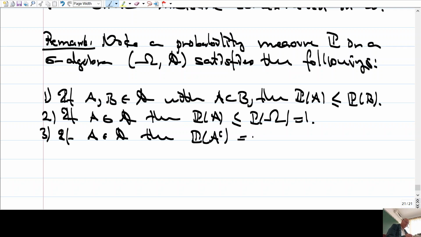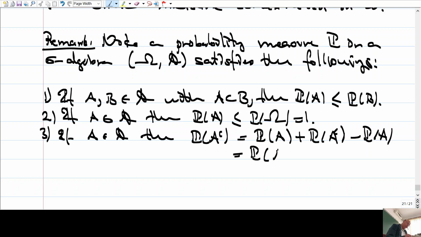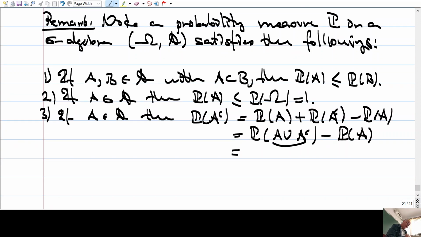Well, this is of course measure of A and measure of A complement, and since these are disjoint, this is the measure of the union, and this is just omega.